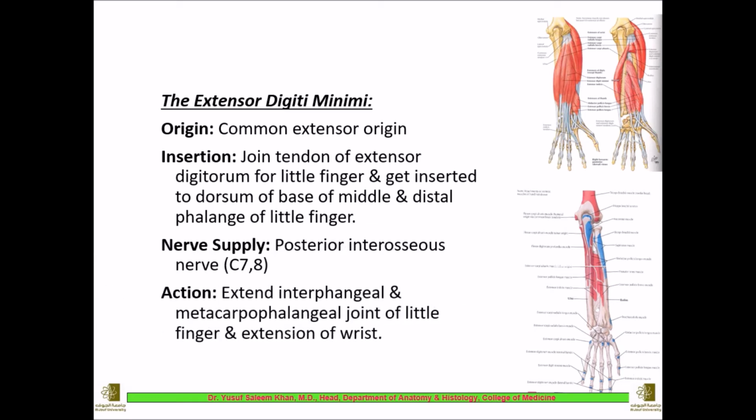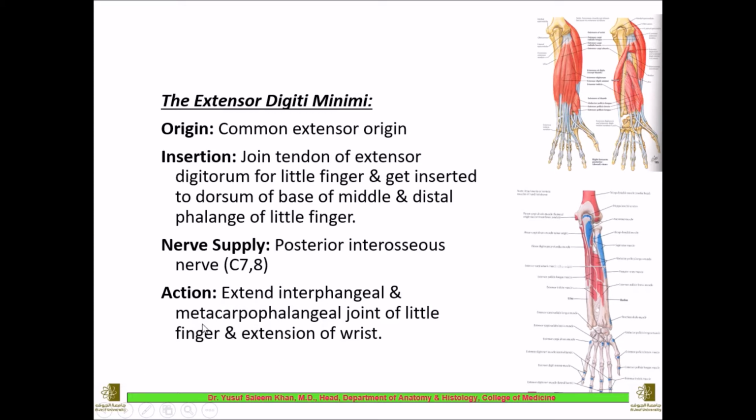Coming to the actions, because it is inserted only to the little digit, it has action on the little digit as well as the proximal joints before that. Because it belongs to the extensor compartment, it helps in the extension of the interphalangeal joints, that is the proximal as well as distal interphalangeal joint, as well as the metacarpophalangeal joint of the little finger, not for the other digits but only the little finger.